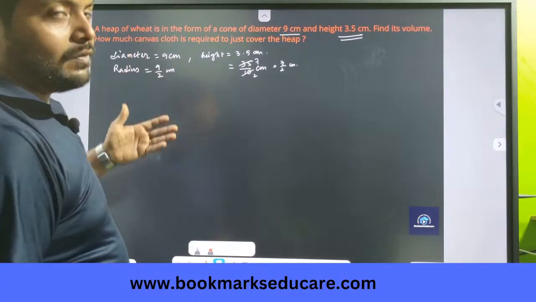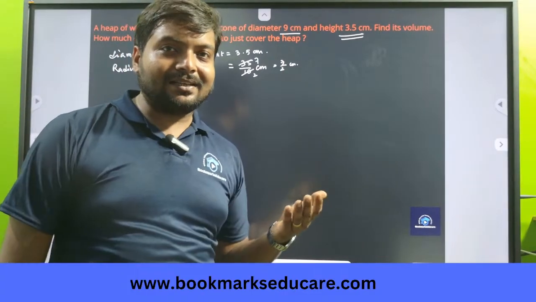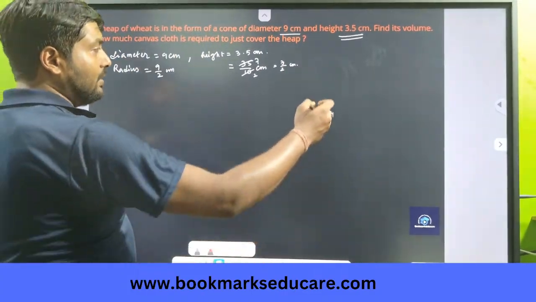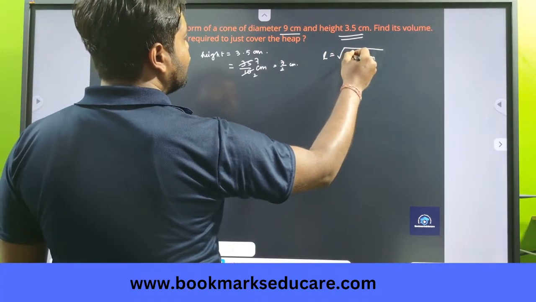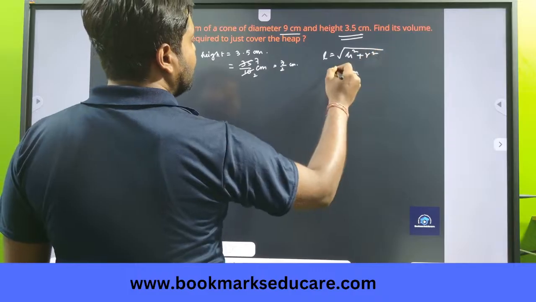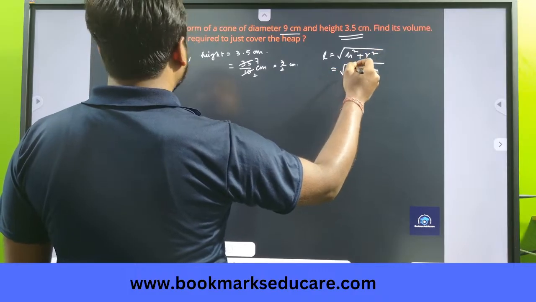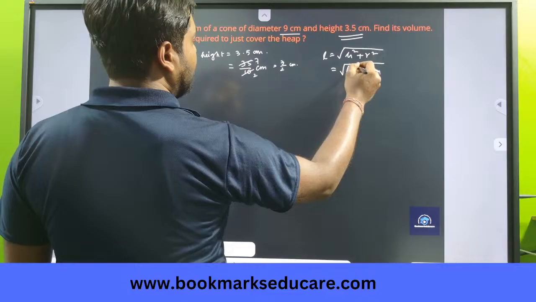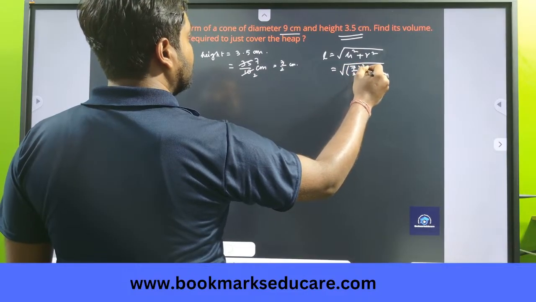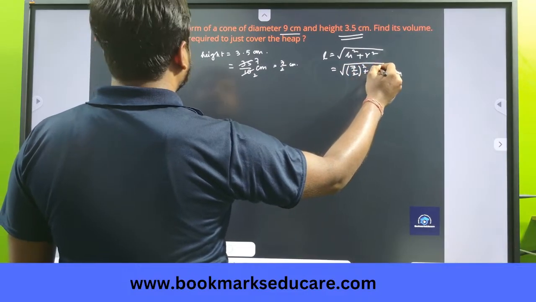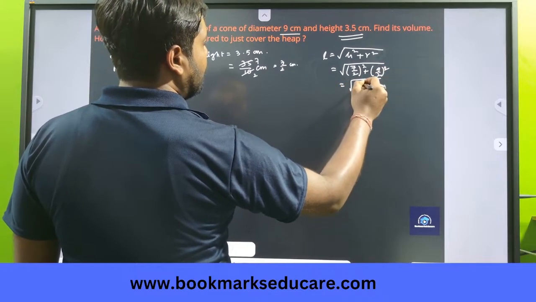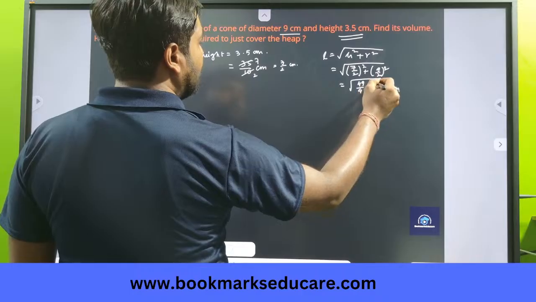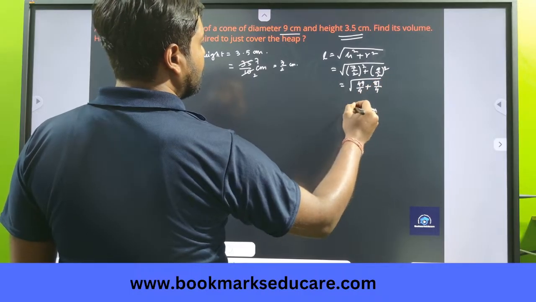For further to find the curved surface area, we need the slant height. So let's calculate the slant height here. Then L equals to root over of h square plus r square. That is, h is 7 by 2 and r is 9 by 2. That is 49 by 4 plus 81 by 4.